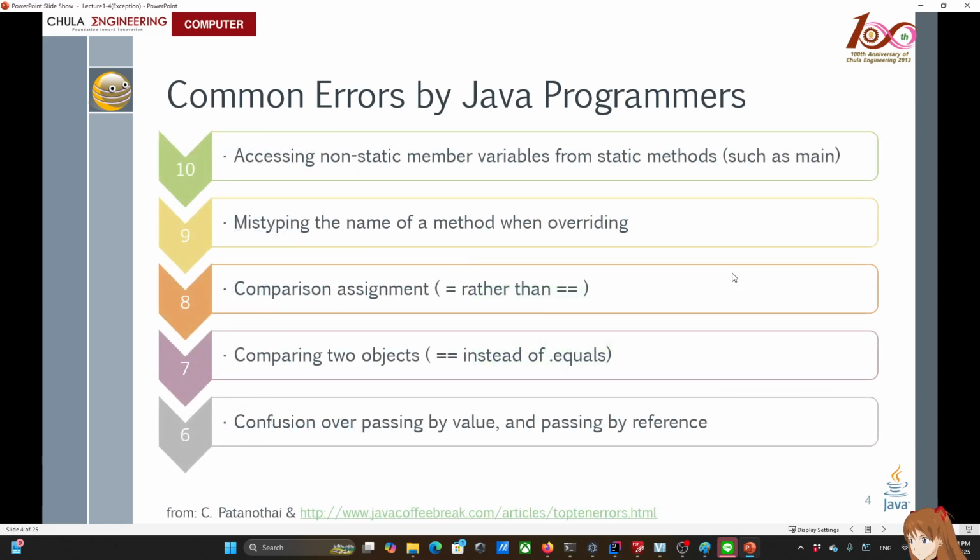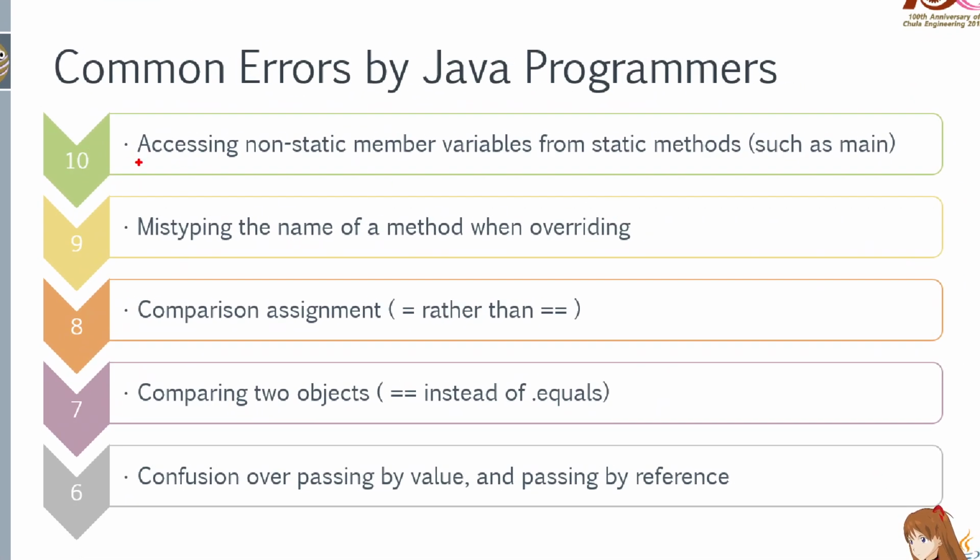So, exception are errors mostly caused by programmers. Alright? And speaking of errors caused by programmers, there are lists of common errors, such as, accessing non-static variables from static methods.